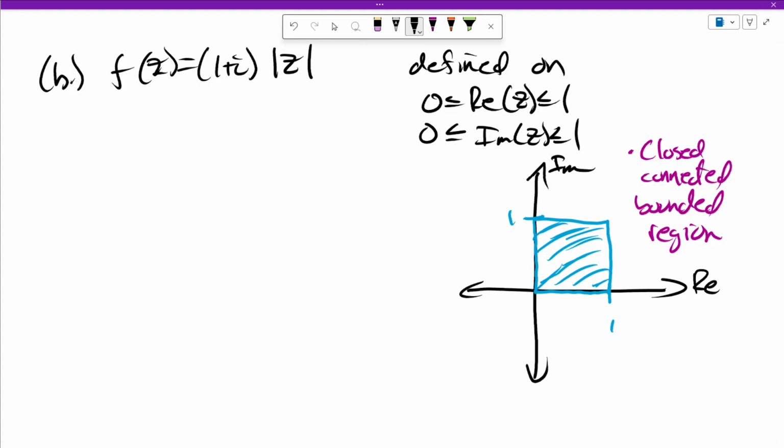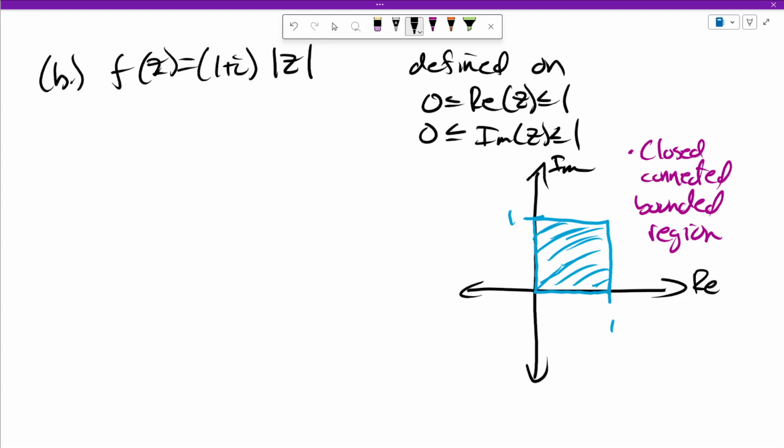Well, if we take modulus z, which is just a real number, and we multiply that real number with the complex number 1 plus i, which we could think about as a vector, then we're looking at scalar multiples of that vector, but not all scalar multiples, only the ones where the modulus of z is in this range. So to better understand the range, we should first understand what outputs the modulus z can take.